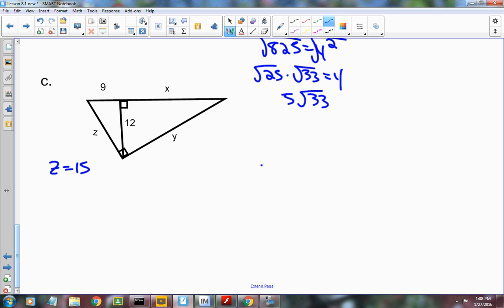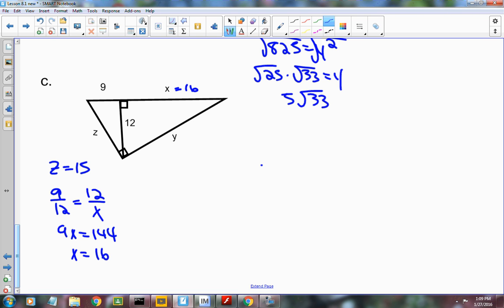What would that look like? 9 is to 12 as 12 is to x. We knew the geometric mean this time, so it's not our unknown, but it still has to show up twice, okay? So we cross multiply, and we get 9x equals 144. Divide both sides by 9, and we get 16.